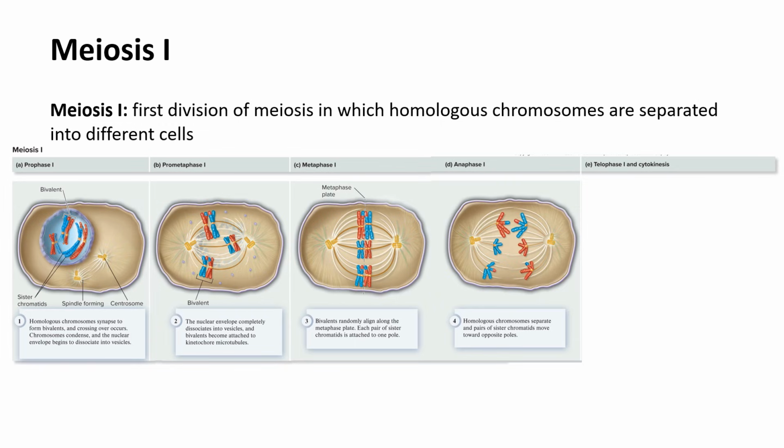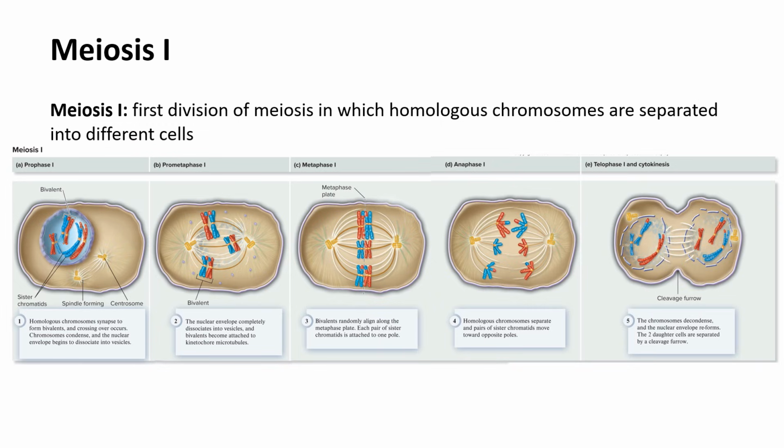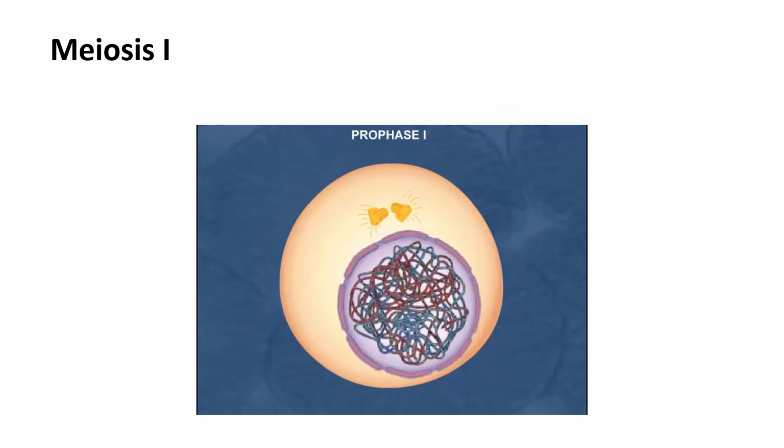In mitosis, the chromosomes lined up single file, and it was the sister chromatids that were pulled apart. So this is a key difference here that occurs in your reproductive cells. And then, of course, you have telophase and cytokinesis. All right, so those are the events of meiosis I. Here's a little video that will give you an animation of what is occurring.